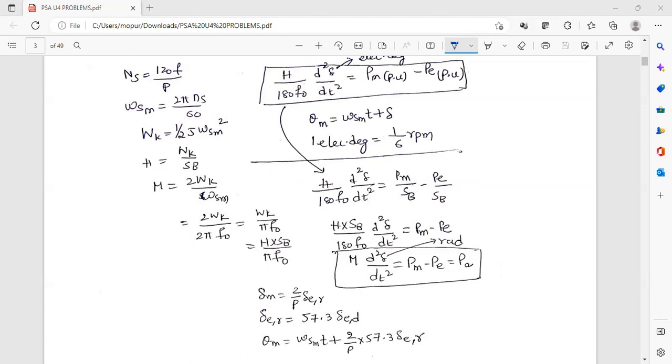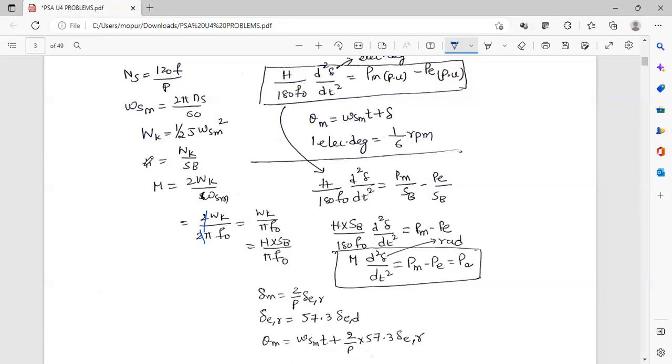And then we had one more formula, M is equal to 2Wk divided by omega sm. We know omega sm can be written as 2 pi F naught. So M is equal to 2Wk divided by 2 pi F naught. This 2 and this 2 get cancelled to give Wk by pi into F naught.